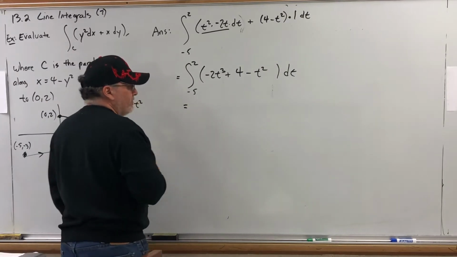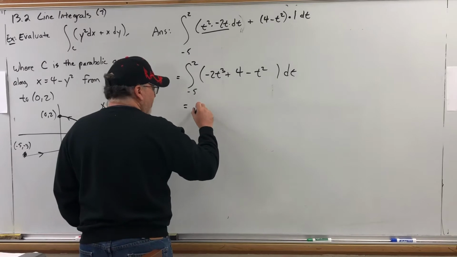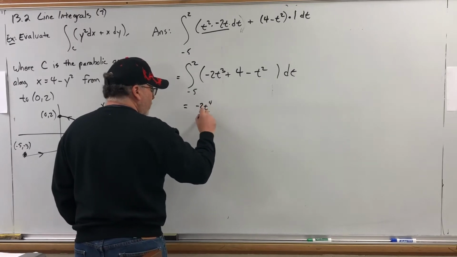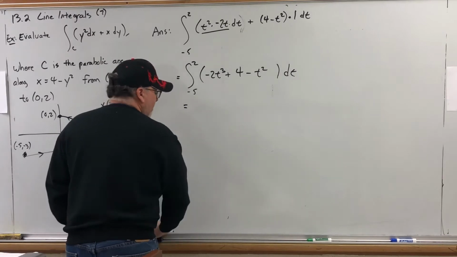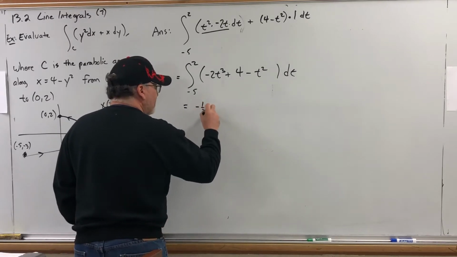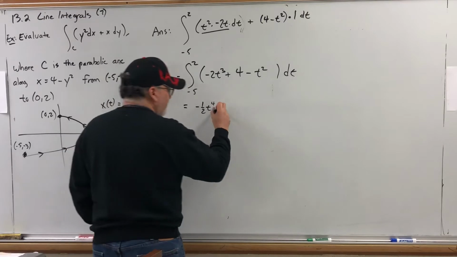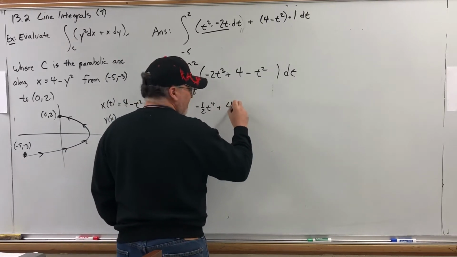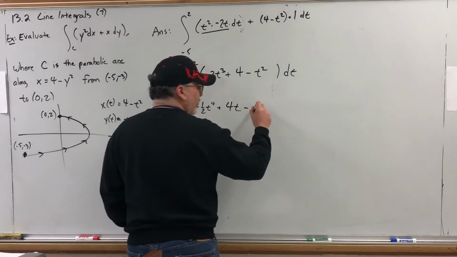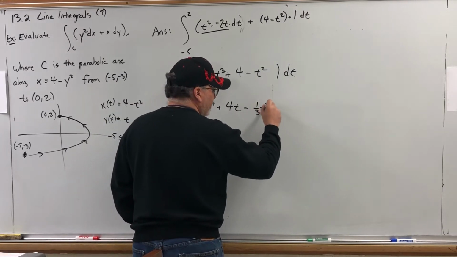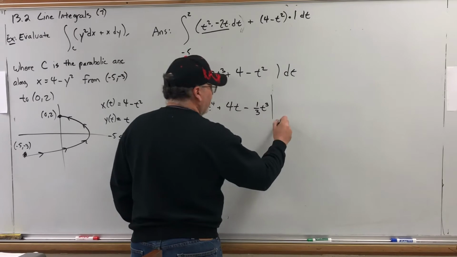The antiderivative of negative 2t to the third is negative 2t to the fourth over 4. Wait, that's just negative 1/2. So negative 1/2 t to the fourth plus the antiderivative of 4 with respect to t, which is 4t, minus the antiderivative of t squared, which is 1/3 t to the third. And this is going from negative 5 to 2.